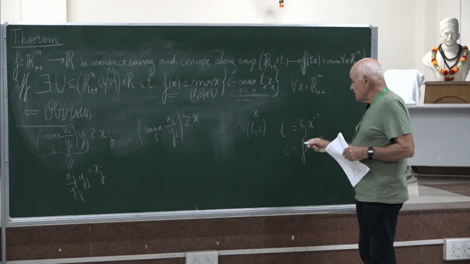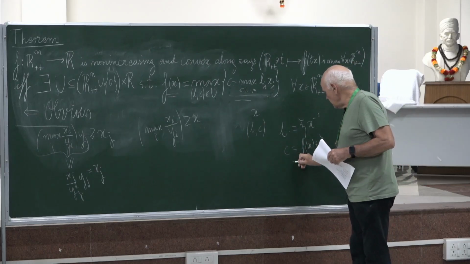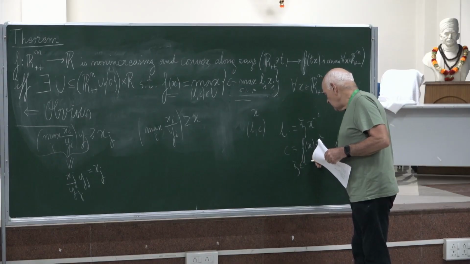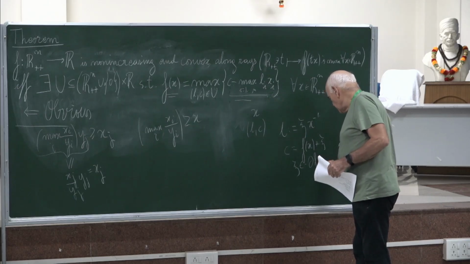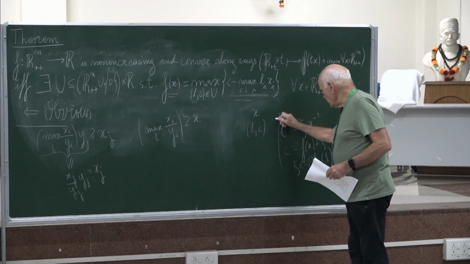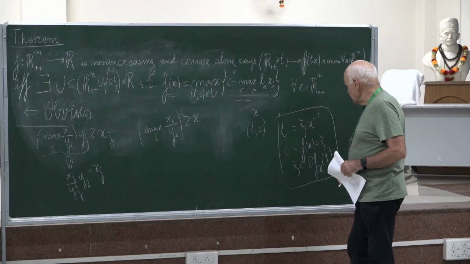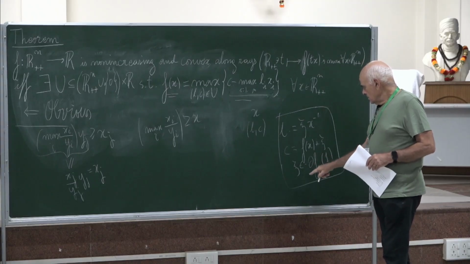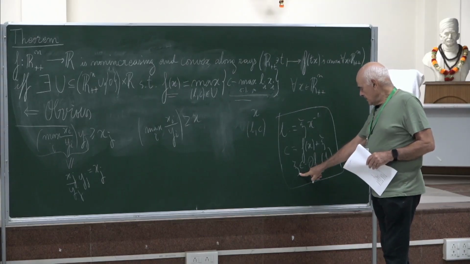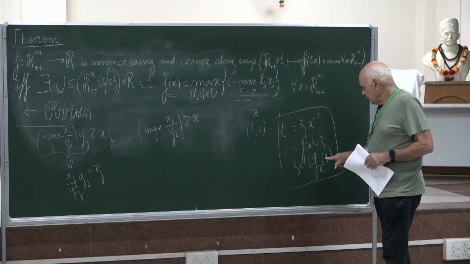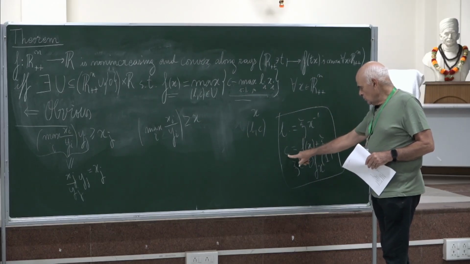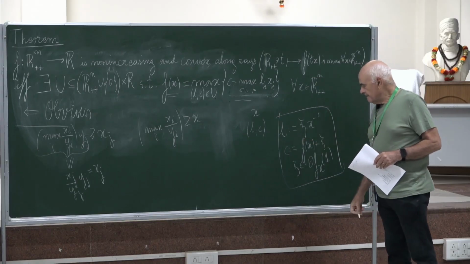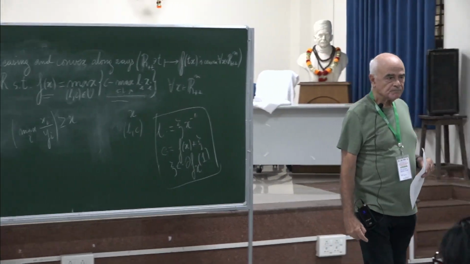And this c is simply minus a subgradient of f at x. So when you make this choice, you choose C in this set, and then this is L, and then you have this C, then you have equality. So the result is proved.